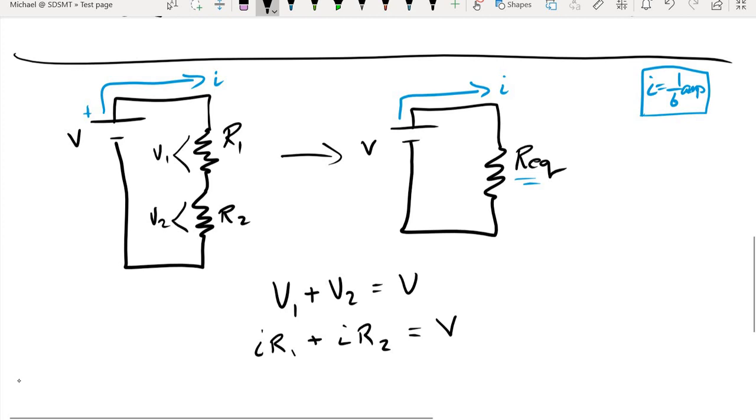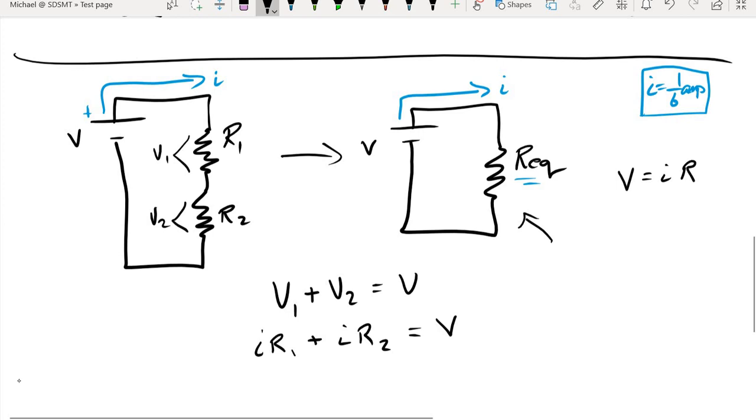Instead of plugging in the value of the battery, I'm going to look over here at our equivalent resistor circuit and ask Ohm's law what's going on.